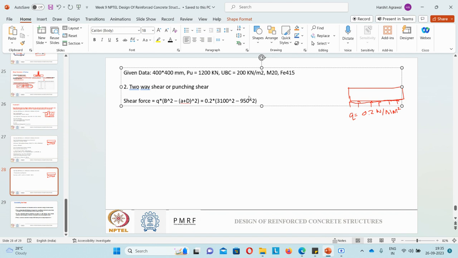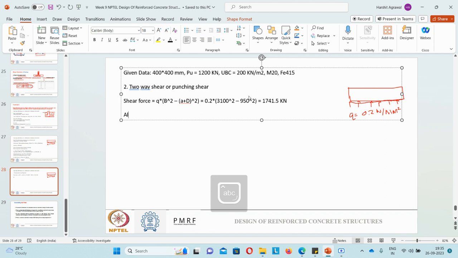So we have assumed the D that we get from the first one-way shear. Let's assume that D is sufficient. If it is sufficient, it should satisfy the two-way shear criteria also. So this value of shear force will come out to be 1741.5 kilonewton.